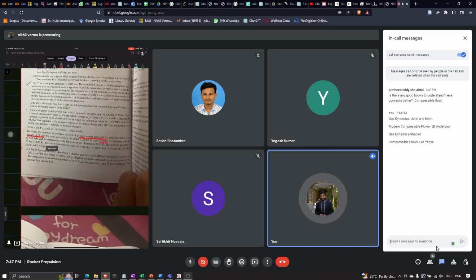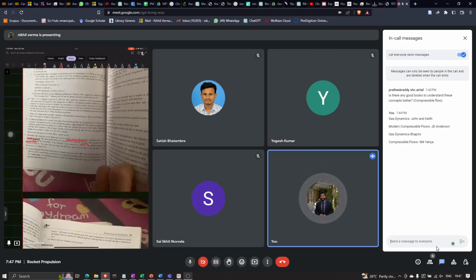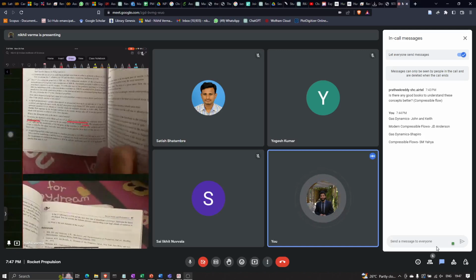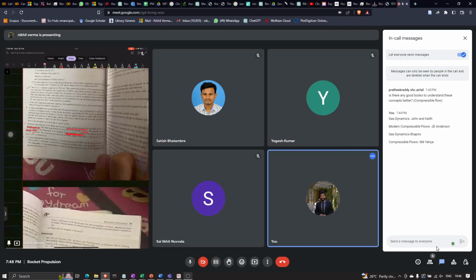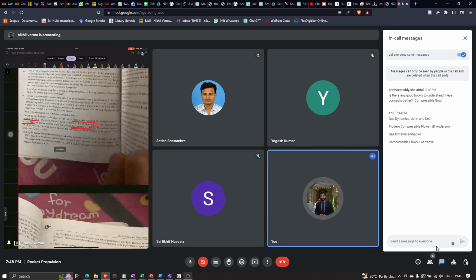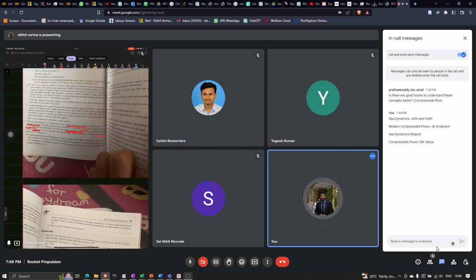The chamber pressure is 2 megapascals, and the hot gases are at 2800 Kelvin. The ambient pressure is 2610 pascals. Mean molecular weight and gamma are given. We have to calculate the diameter of the throat and the exit.